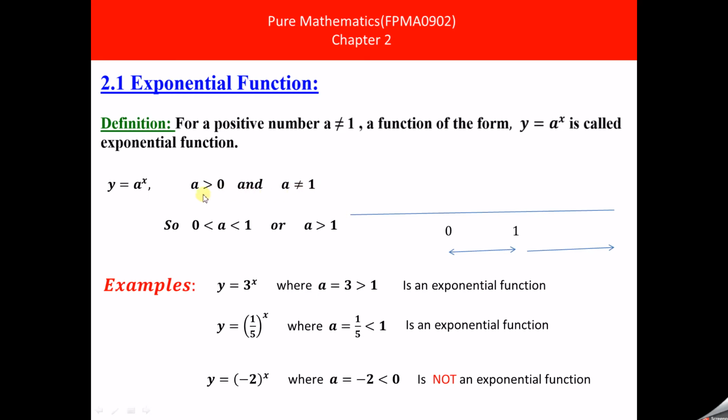So the base must be a positive number and not equal to 1, which means either the base a is between 0 and 1 or the base is greater than 1. So here we can say a lies between 0 and 1 or a is greater than 1.